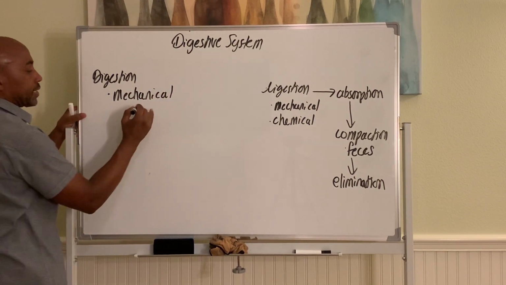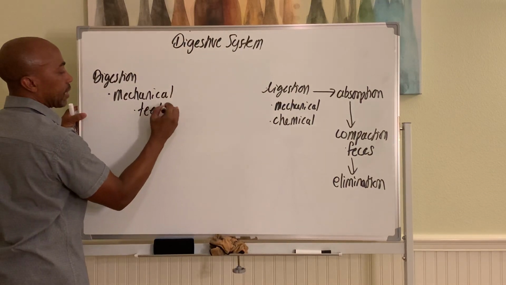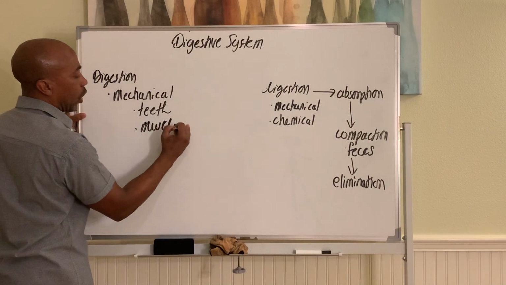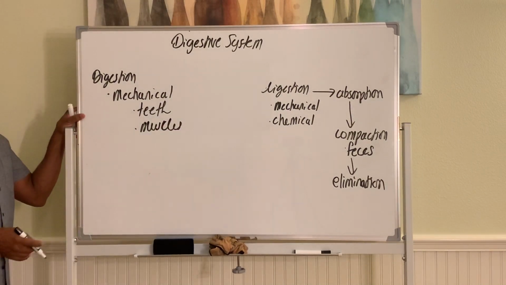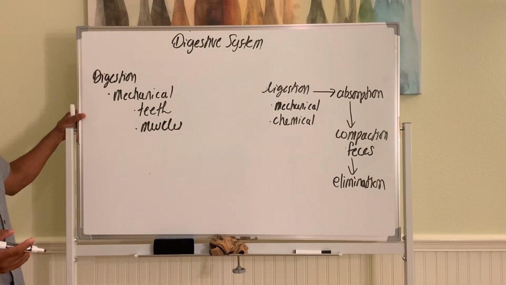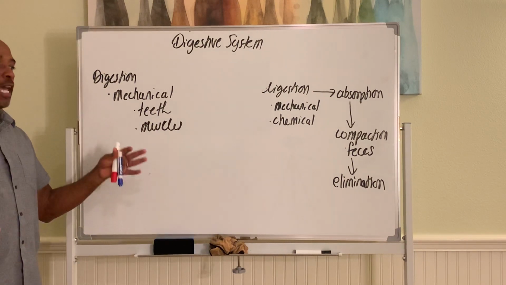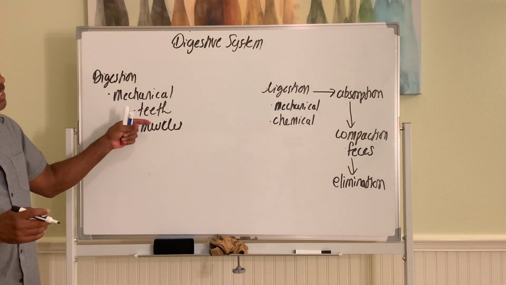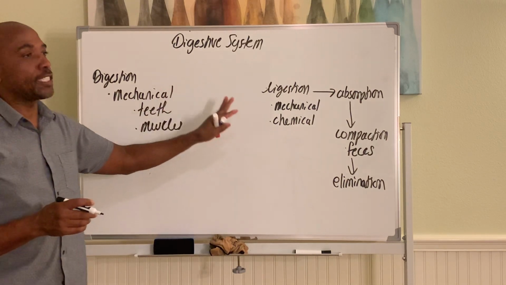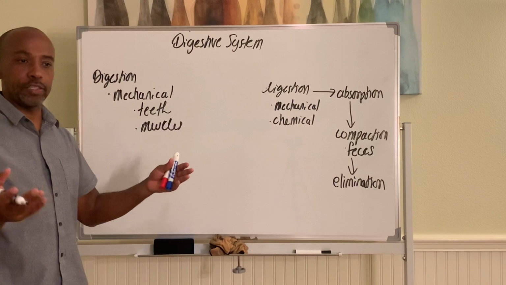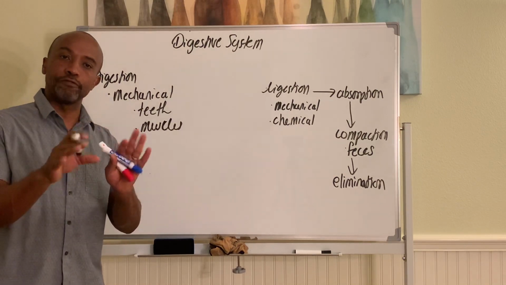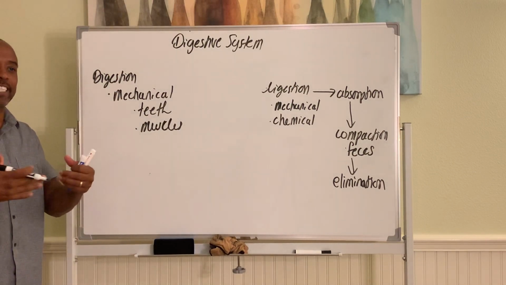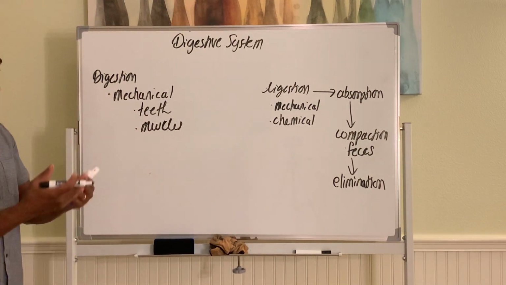That's done by your teeth in the mouth, as well as by the muscles along the GI tract, especially in the stomach, where you have that extra layer of a big muscle that can really help to break the food down into small bits. Because once you break it down into small pieces, then the chemical digestion is more successful, because then they can access the food groups or the chemicals that would have been hidden otherwise by a big physical structure.